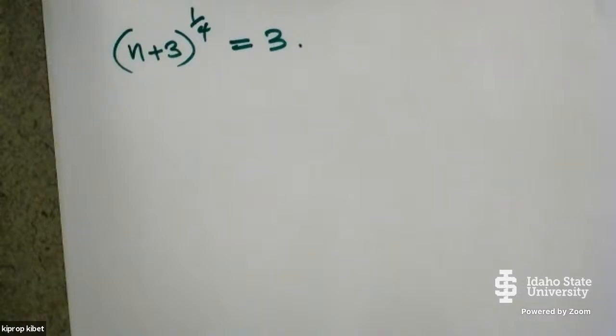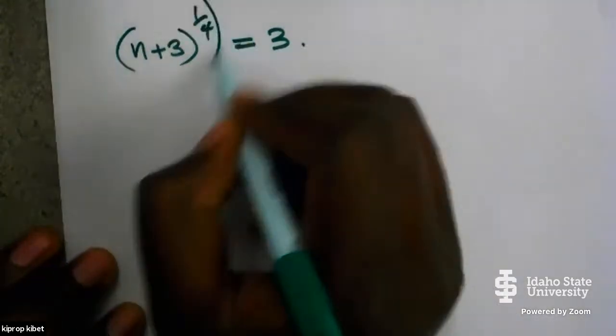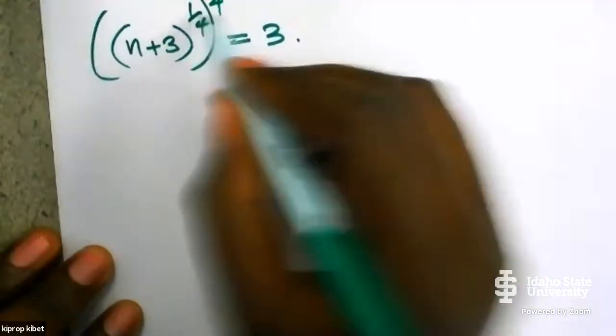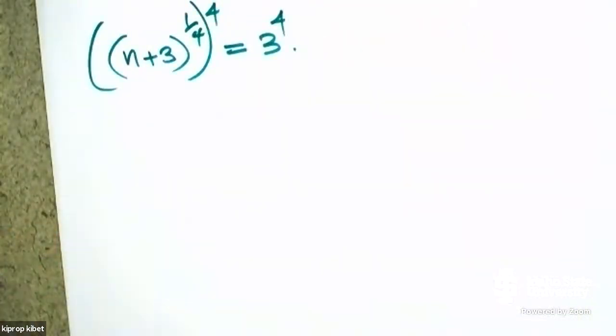Now using the steps, the first step was to isolate the radical, and this one is already isolated. Now what do you do? The next step, you raise to the power of the index, which is 4. So you multiply the exponent by 4 here, and what you do on one side, you also do on the other side.